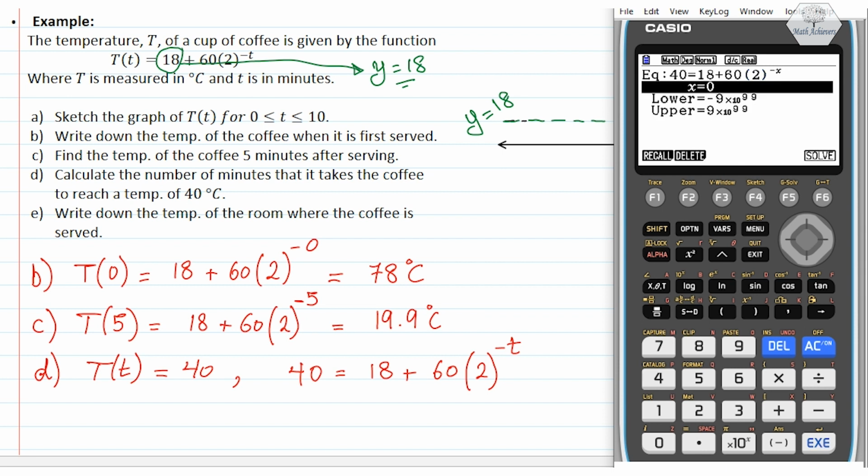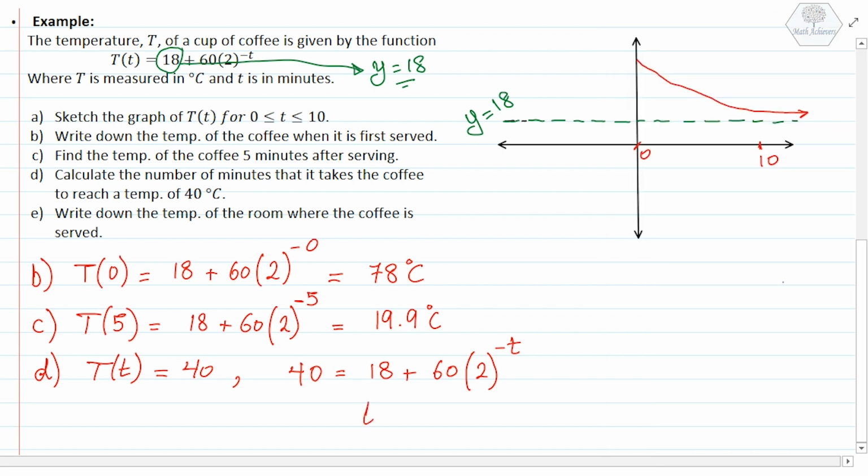Then I press solve, and I have the value of small t equal to 1.45 minutes.